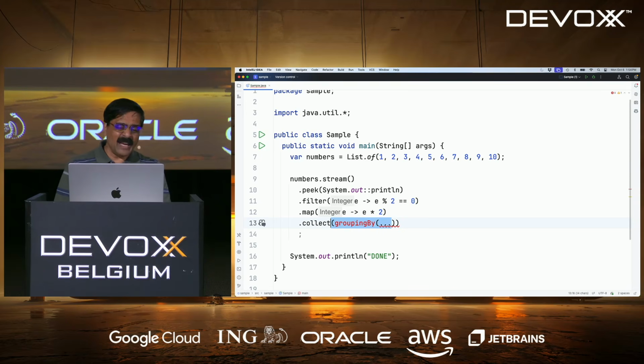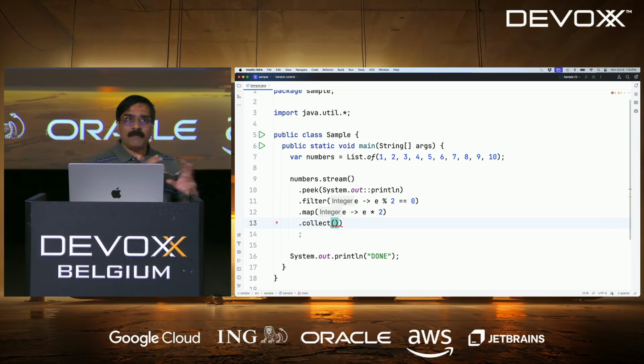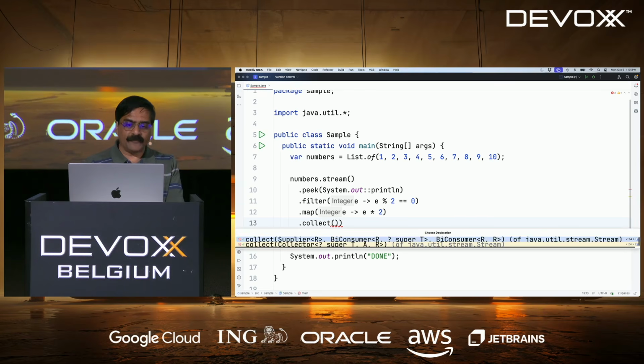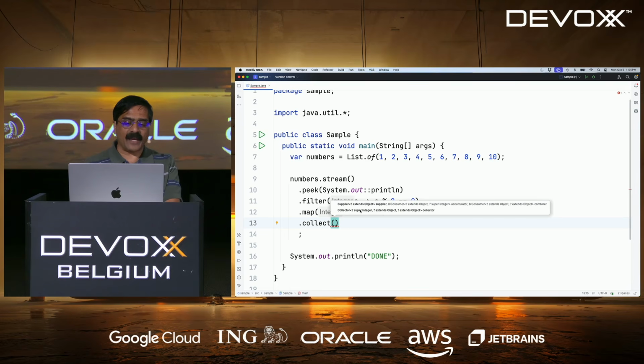But you say, you know what, none of that really helps me. I've got a business need. I want to perform some operation that is not done in the JDK. How can I actually do that? Well, you can knock yourselves out by implementing, if you will, the Collector interface. If you look at what the collect method is taking, you will notice the collect method is taking a Collector as an interface right there.